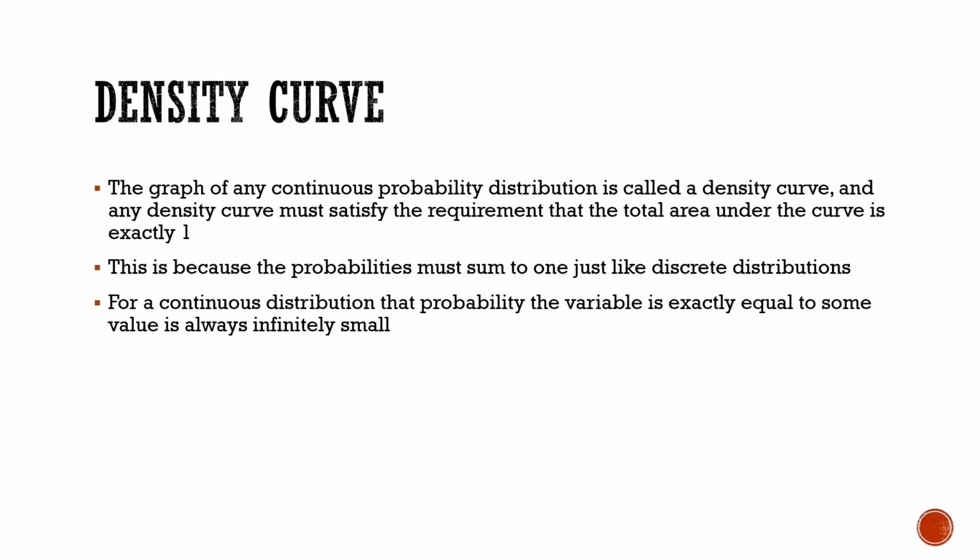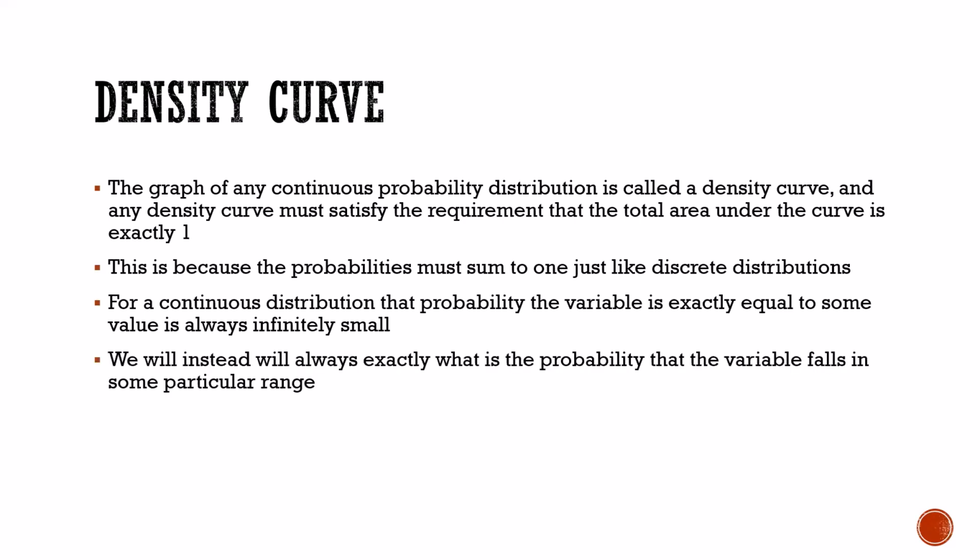So in a continuous thing like height, the probability that any particular value is chosen is infinitely small. So we generally don't ask what's the probability that my continuous random variable is equal to some number. Instead, we ask what's the probability that the variable falls in a particular range.